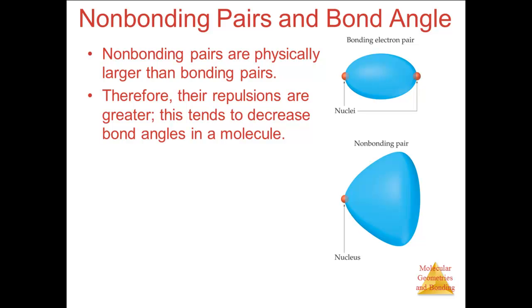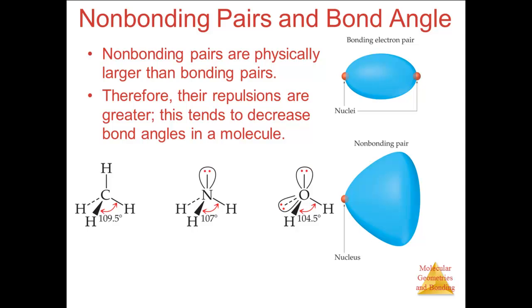We see this for the series CH4, which has only bonding pairs, NH3, which has 1 non-bonding pair, and H2O, which has 2 non-bonding pairs. The bond angle decreases from 109.5 to 107 to 104.5. These are all close to the basic bond angle for a tetrahedral domain geometry.